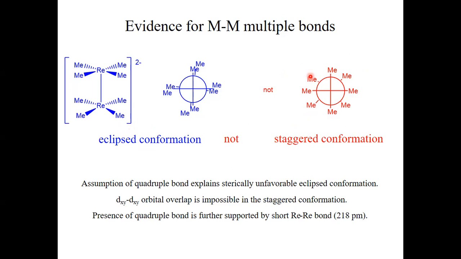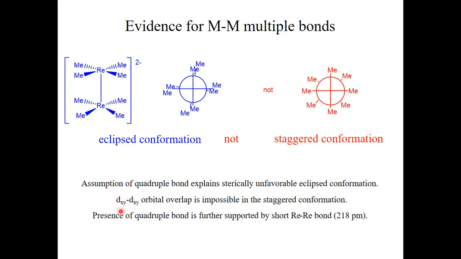What overcomes steric repulsion is that in the eclipsed configuration, the bond order between the 2 rhenium units is increased, because dxy orbital overlap would be impossible in the staggered conformation, since these orbitals would then be at a 45-degree relative orientation.